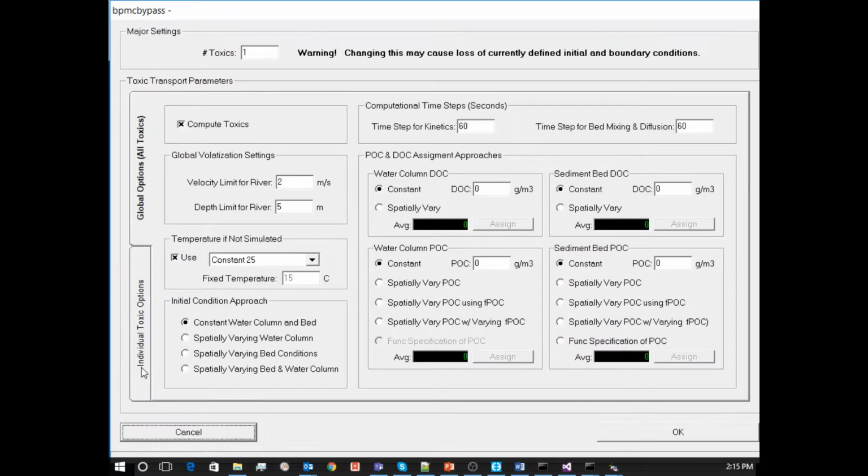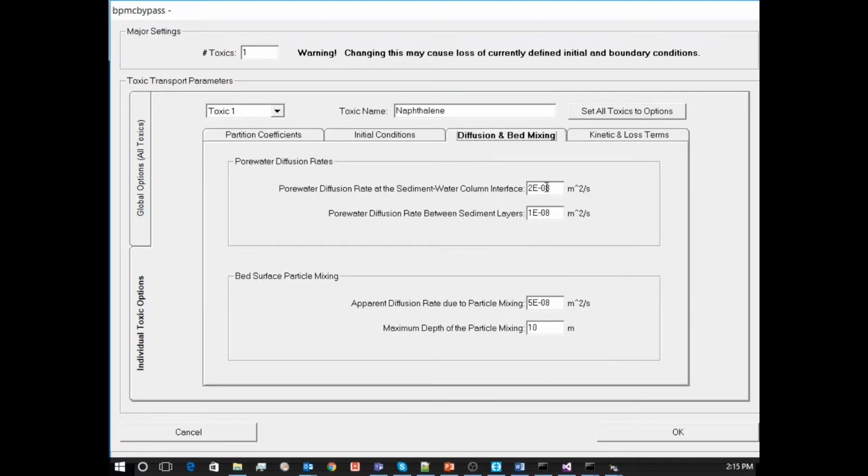So let's just see here, diffusion and mixing. I'm at 2 times 10 to the minus 8. I'm just going to do 1 times 10 to the minus 9. So 5 times slower pore water diffusion.